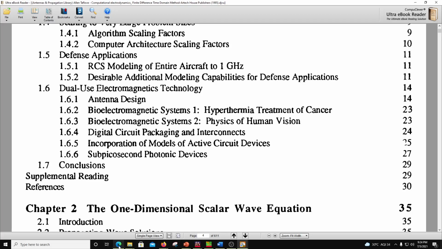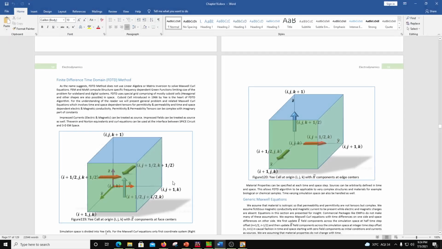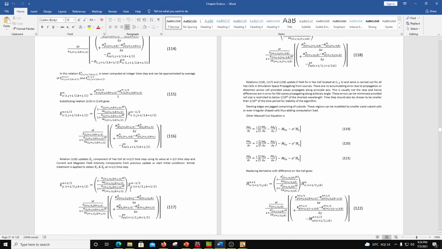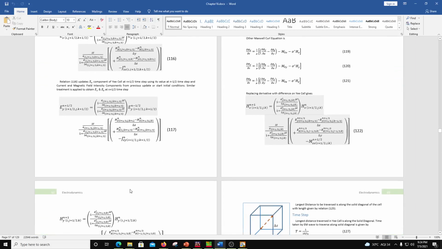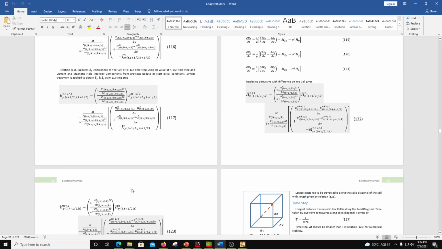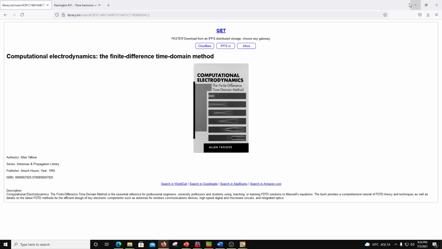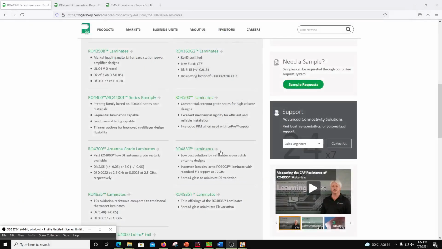In my own text, these are the equations which we write in MATLAB, or you can write in C to solve your 3D objects. So this was for the history. Now going back to method of moments, I can close this. You can find these books online.